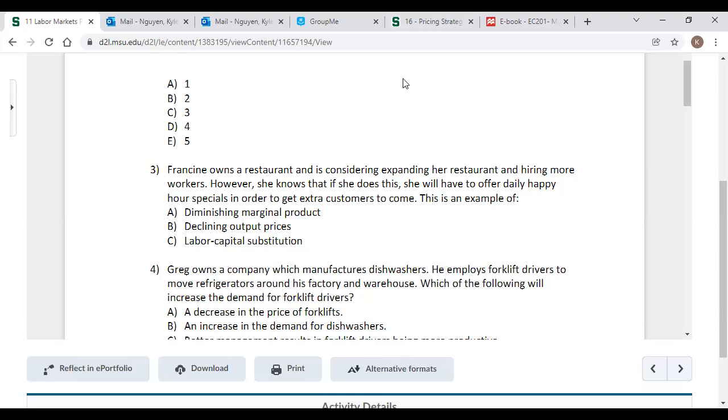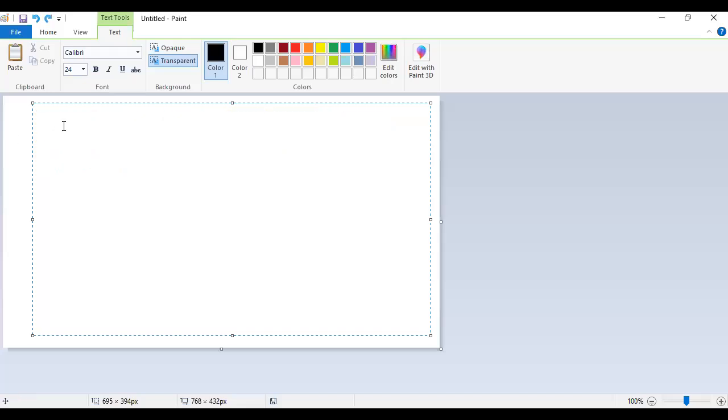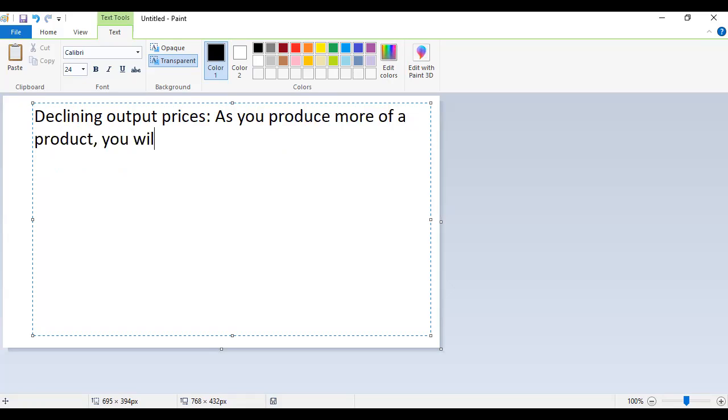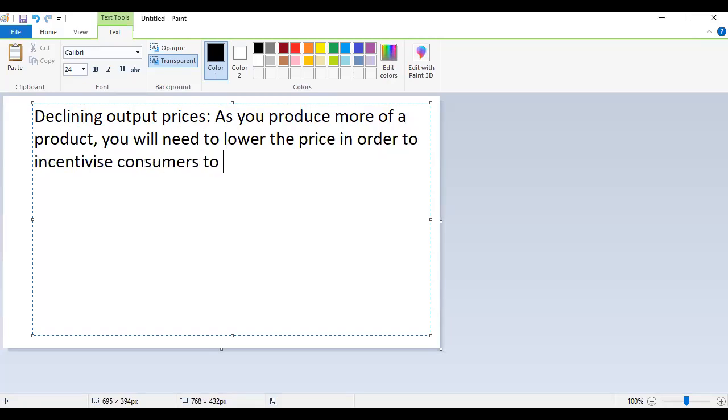Okay. And so let's talk about declining output prices. Declining output prices basically says that as you produce more of a product, you will need to lower the price in order to incentivize consumers to buy more.